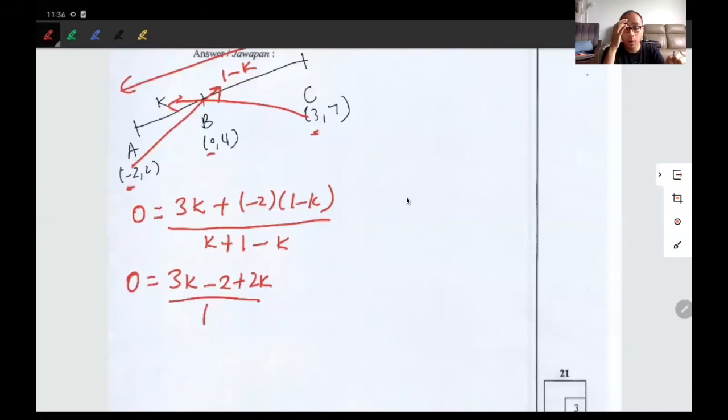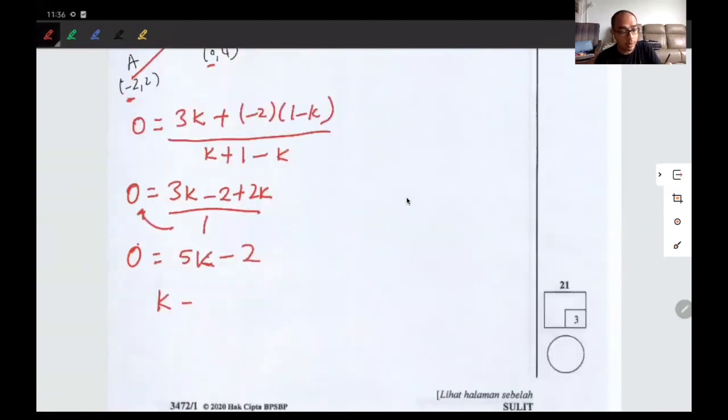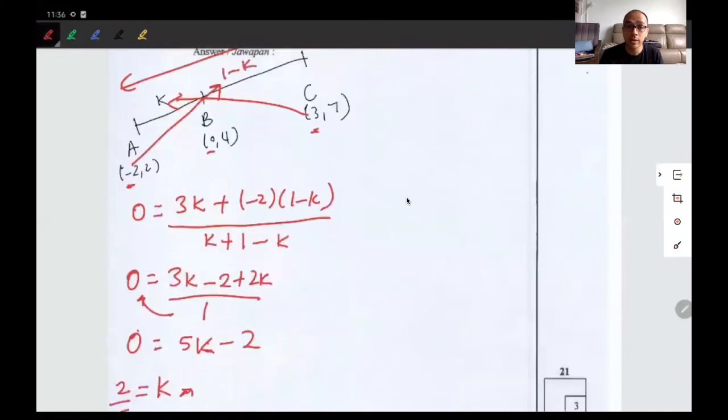So saya bawa 1 pergi atas, 1 darab kosong, tetap kosong, equals 3K plus 2K is 5K. So 5K minus 2, and this will give me K equals 2 over 5. So that's this one.